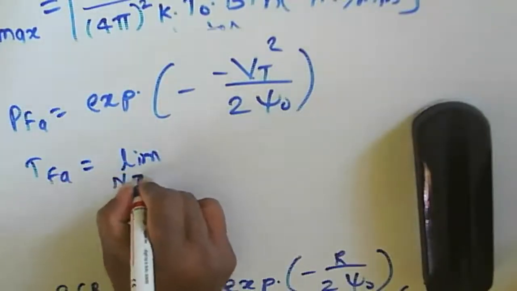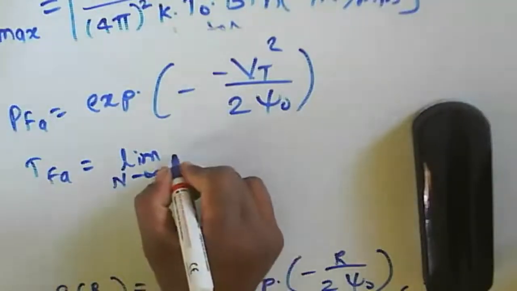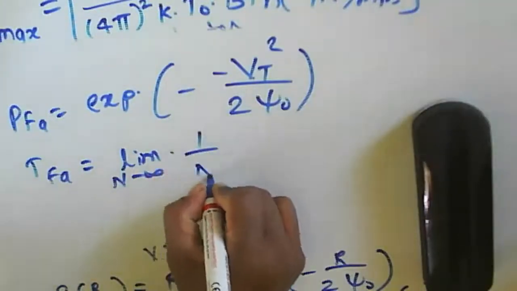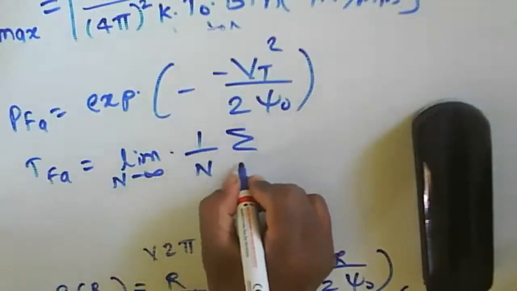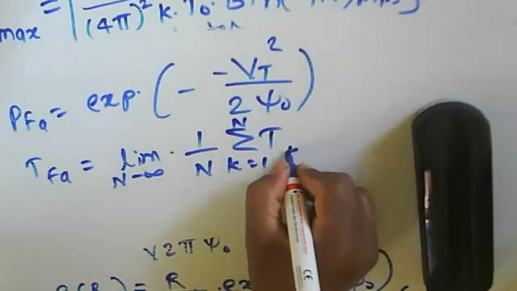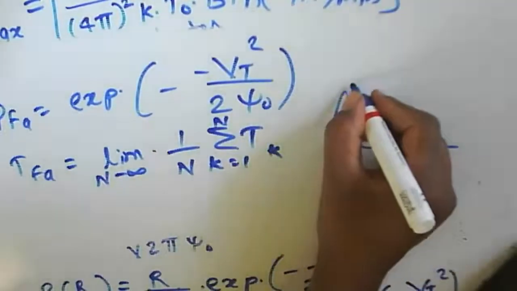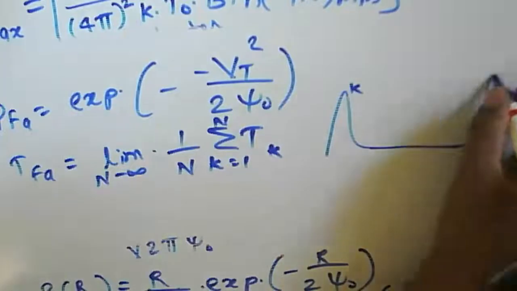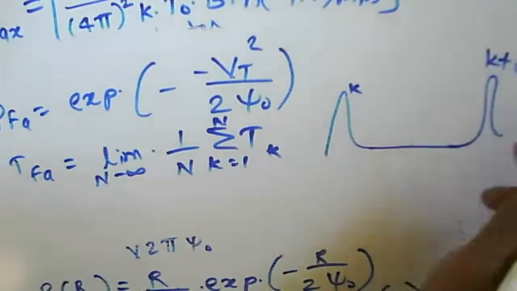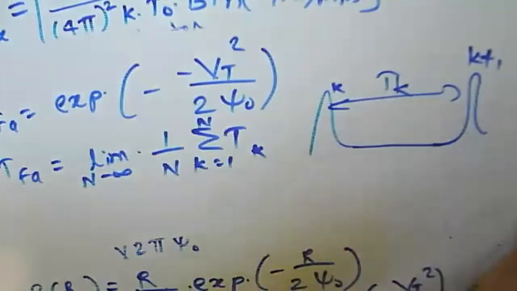How many pulses do we have, with respect to a given false alarm taking place? We have pulse k, then another pulse k plus 1, and so on. So next pulse Tk plus 1, Tk plus 2. That is what we call TFA.